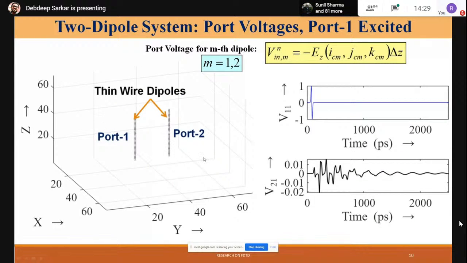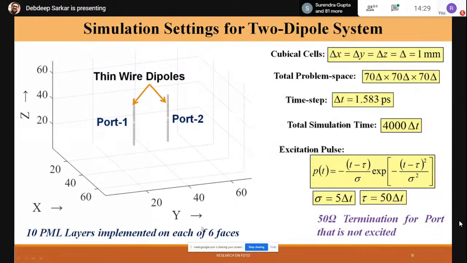We do not store everything. If you can see, the total problem space is 70 cross 70 cross 70. You can quickly multiply and see how many spatial points are there in our simulation. If I tried to save our matrix over here, it would become 70 cross 70 cross 70 cross 4000. I have checked, but we do not have that kind of resource in our Matlab to store this large matrix.